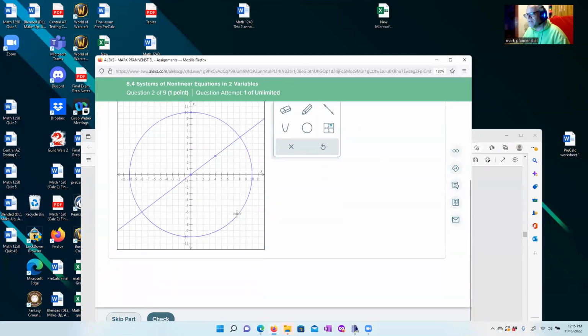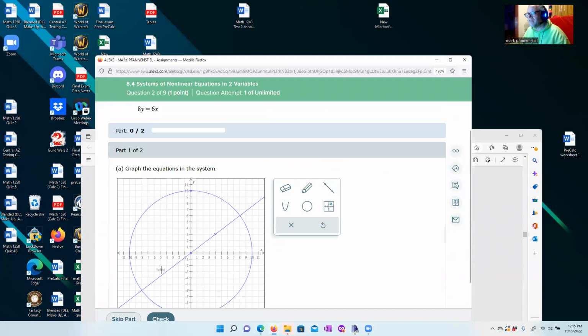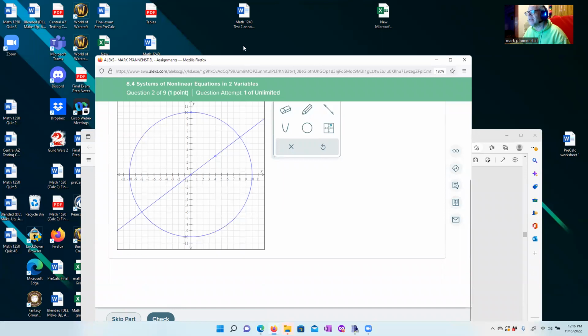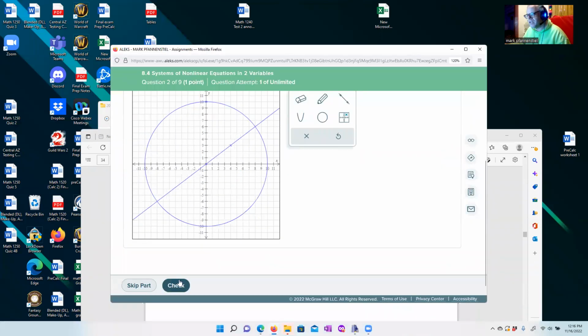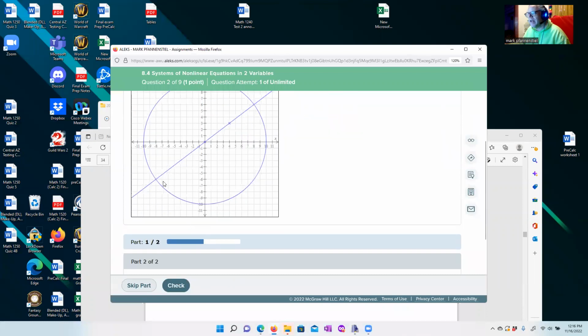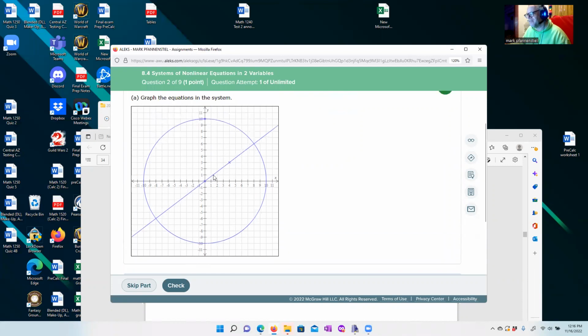Let's see if we can sort that out. Did they ask us to solve it? Graph the system of equations. Okay, that's nice. Thank you very much. Let's do it this way. Looking at my problem here, it does look like we have a solution back here at -8 and a solution here at +8.